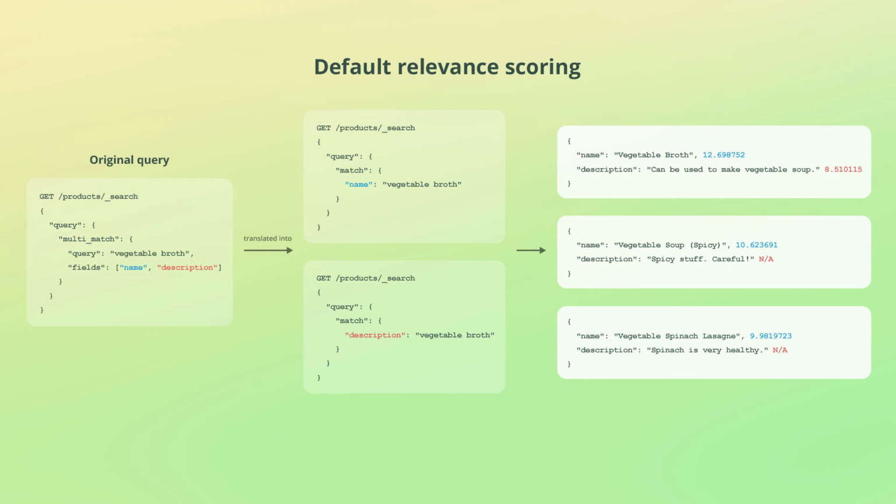That's the case for the 2 other documents as well. Note that these are just arbitrary relevance scores that I came up with, so don't worry about the specific numbers. By default, the multi-match query will evaluate the scores for each of a document's fields and take the highest one. In this case, that will be the ones for the name field.